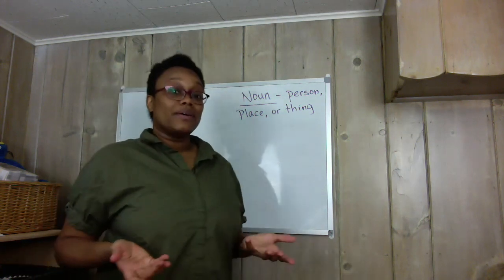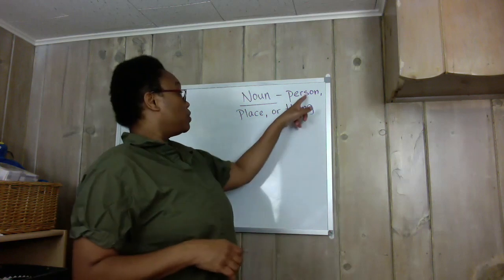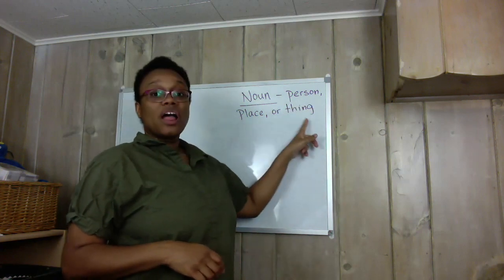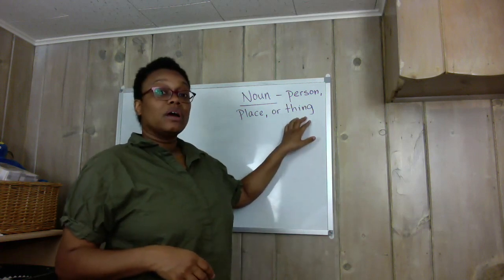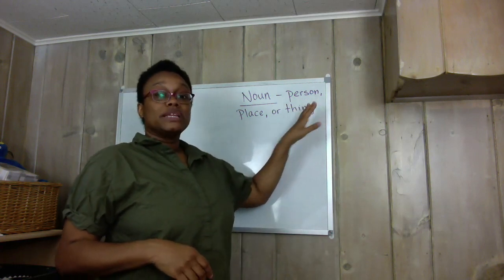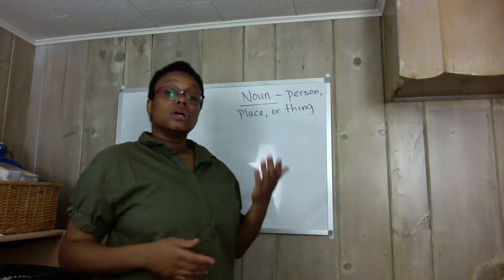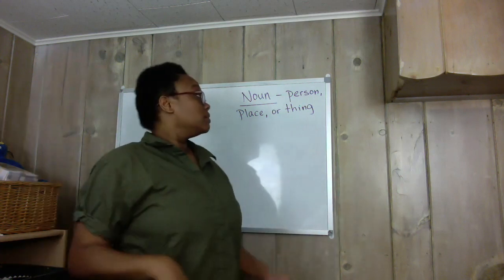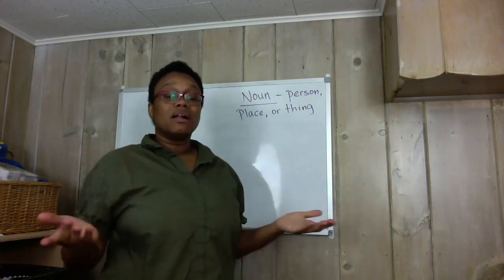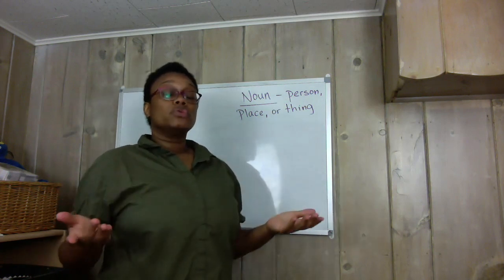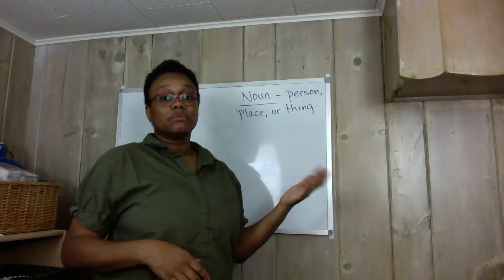So what is a noun? A noun is a person, a place, or a thing. And remember, animals fall into the category of a thing. A person can be a teacher, a student, a mailman, a professor. Place could be a college, a post office, a police station.